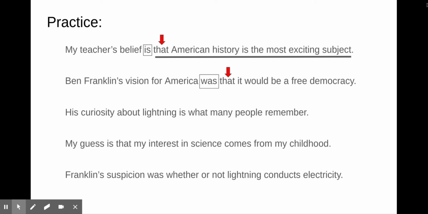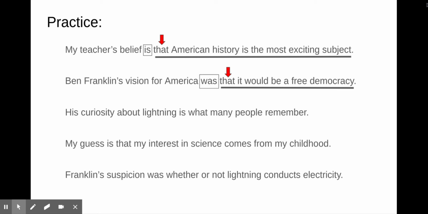We've got that. It would be a free democracy. We go to the end of the sentence, and there we have our noun clause acting as the subject complement. Now let's look. Does that it would be a free democracy tell us what Ben Franklin's vision is? Yes, it does. So it's renaming or restating the subject of the sentence.